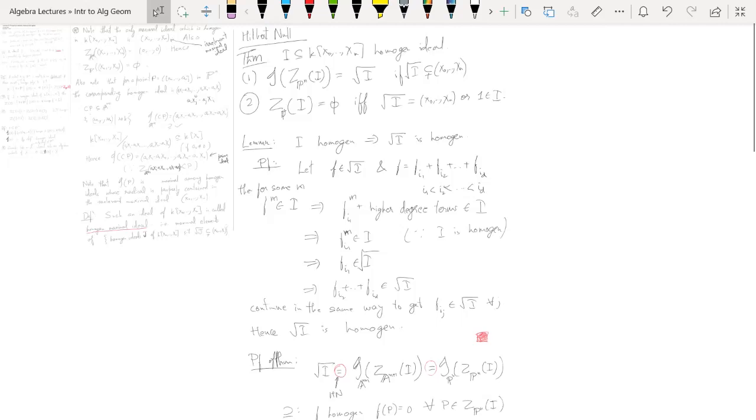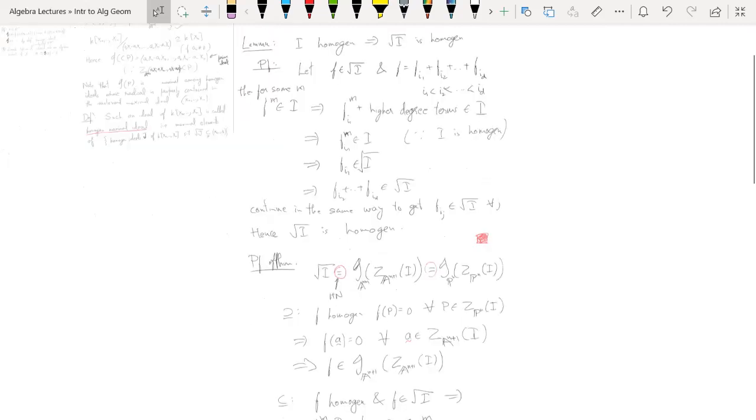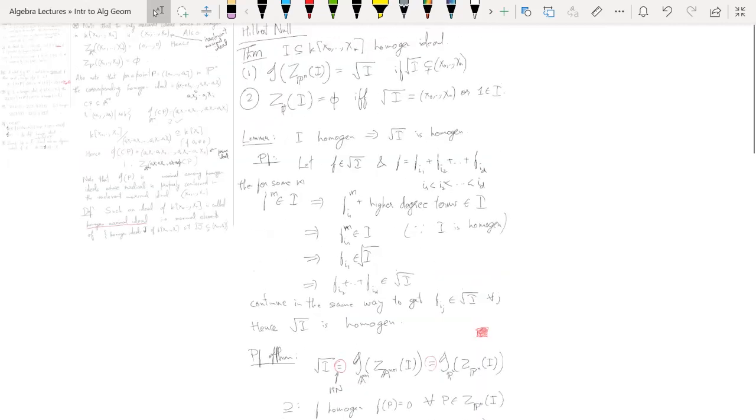Z of I in P^n is empty, and if Z of I in P^n is empty, what does that mean? It means that if you look at the zero set of I in A^(n+1), it cannot contain any point other than the origin.